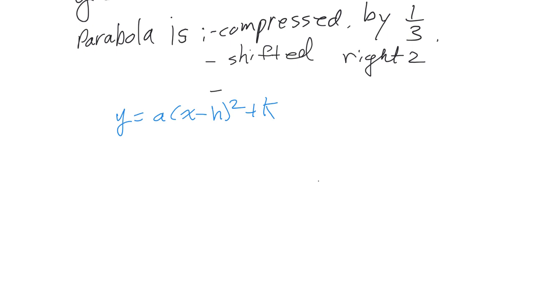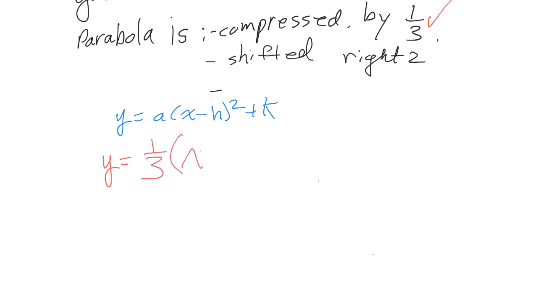So we're going to start by writing y is equal to, now it's compressed by a factor of 3, by 1/3. It doesn't say that the graph is being flipped or anything, so we're going to forget about that. It's just positive. We assume it's positive. But it says it's compressed by 1/3. So that means a is 1/3.